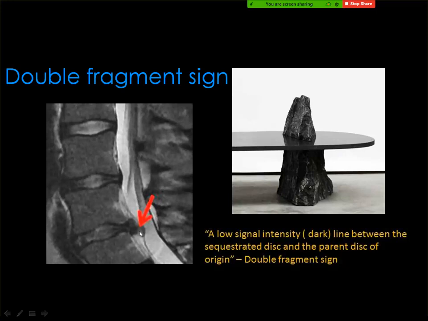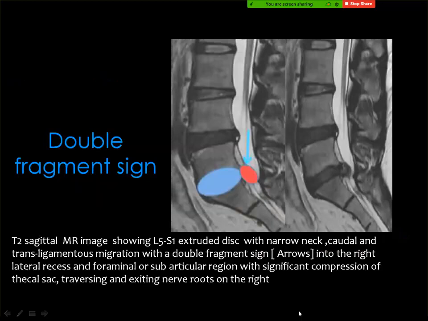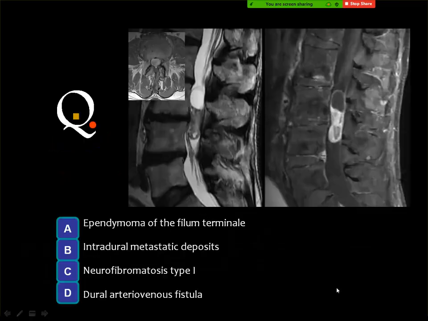Then if you see a disk like this with caudal migration and sequestration, this is what you can see here, the double fragment sign, but it's not that apparent in this particular disk. And you may say that this is herniation, and look at the axial image to see whether the disk is to the right or to the left. Next case.